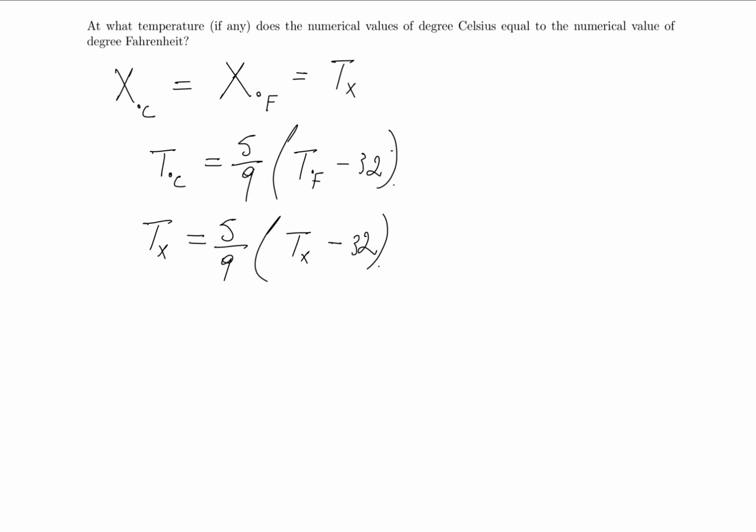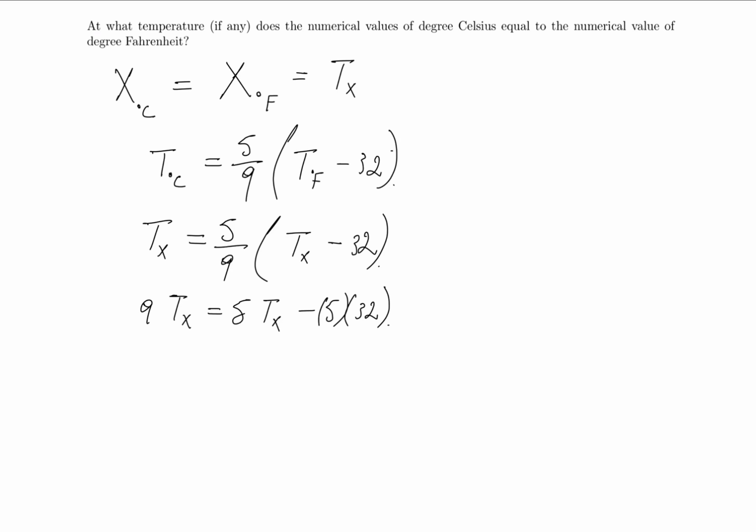Now, if we were to reshuffle this equation and solve for Tx, let's go ahead and do so. This is going to be 9 times Tx equals 5 times Tx minus 5 times 32.